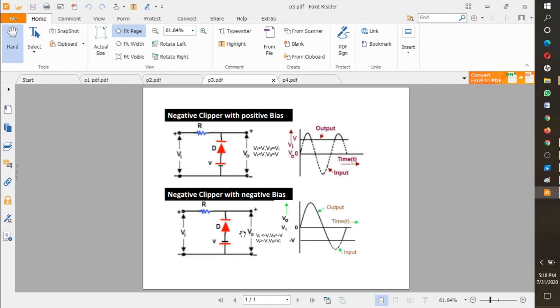Now this figure shows negative clipper with negative bias. Here also we find a certain portion of the negative cycle of the applied input voltage is clipped off.